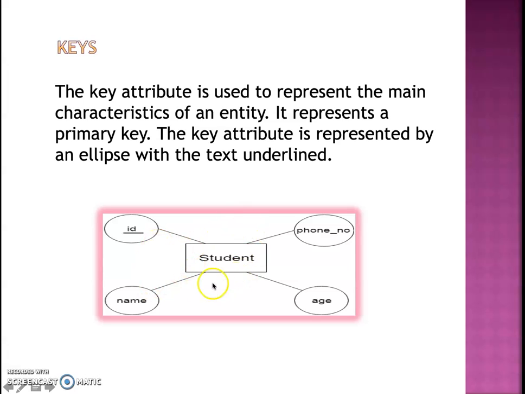Like for example, in the student entity, many students can have the same name or the same age, so these cannot be taken as a primary key. But each student will have a unique ID, and that's why ID is called a primary key. This is represented by an underline of the name.